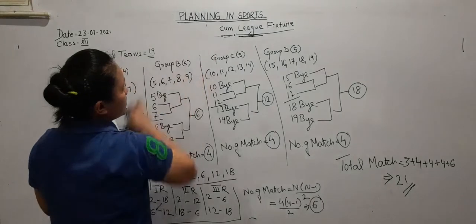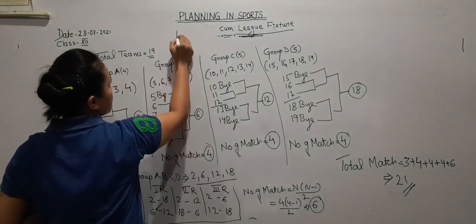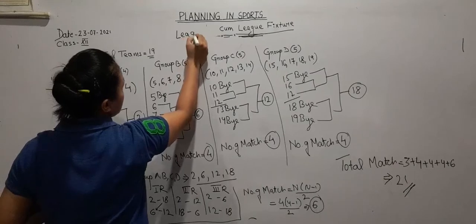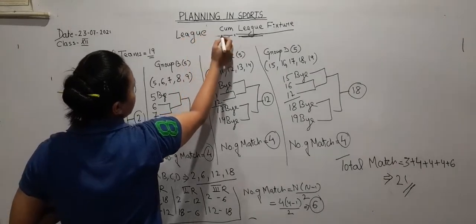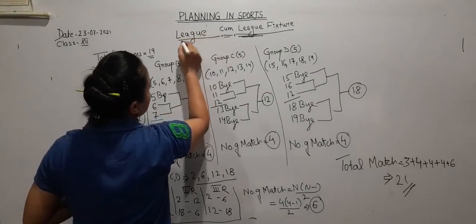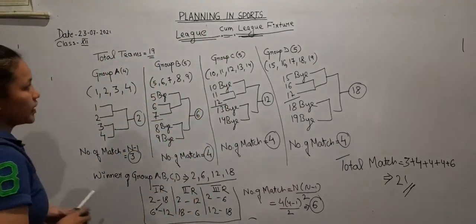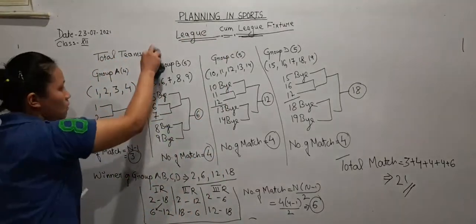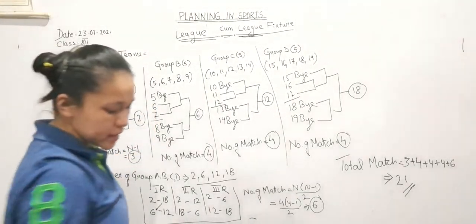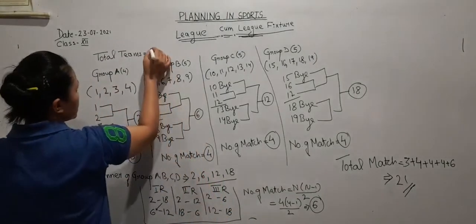If it is given league combined league fixtures, then how will you draw? Let the league combined league total teams be 21.